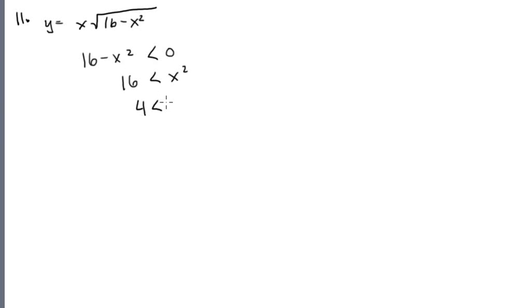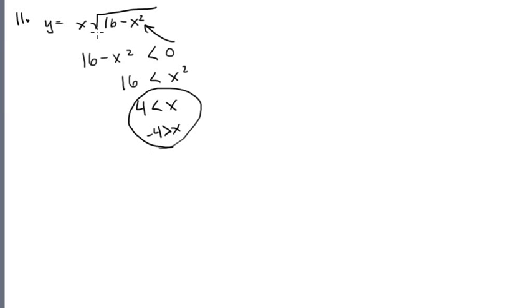So if x is greater than 4, and remember that we're taking the square root, so if also x is less than negative 4, we are going to get negative numbers when we put it into 16 minus x squared. So outside of this interval, our function is not defined.